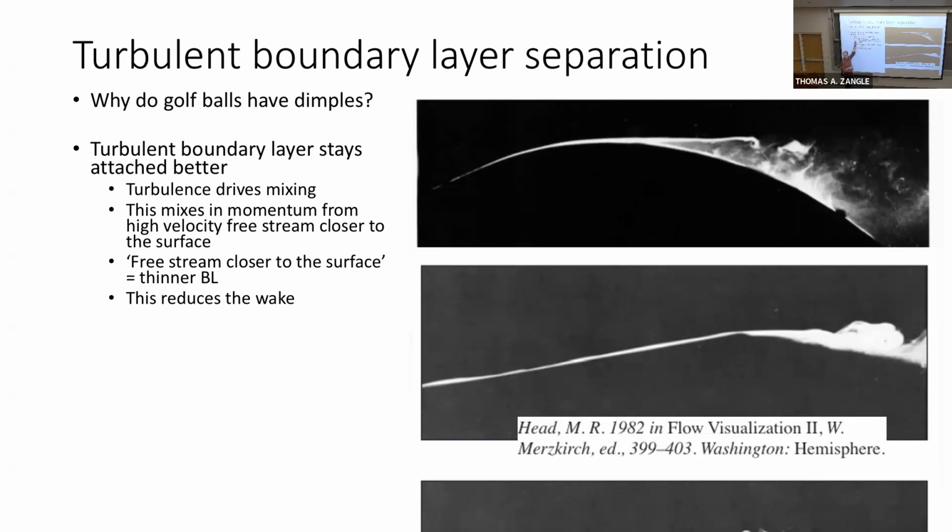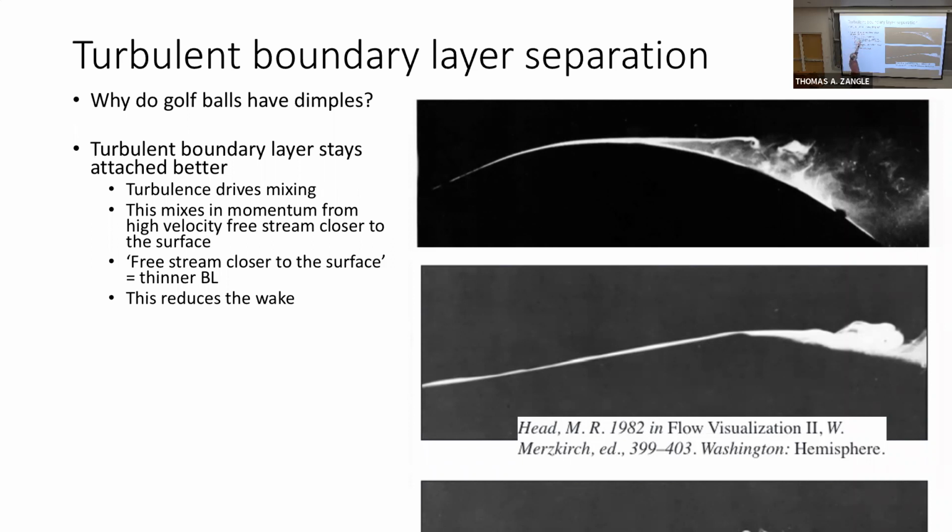It's easy to think of turbulence mixing if we have some smoke, or you pour milk into a cup of tea. Turbulence helps mix that material together, right? But turbulence also causes mixing of momentum. So it takes fluid that's moving fast and mixes it into regions where the other fluid is moving more slowly, and vice versa. So turbulence also mixes momentum.